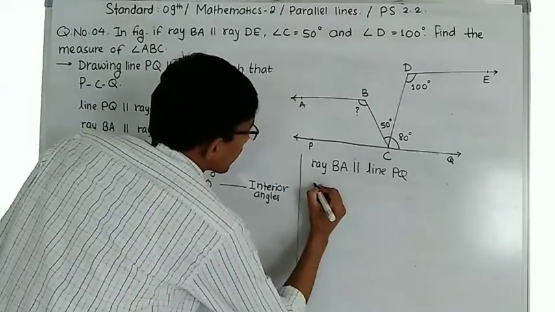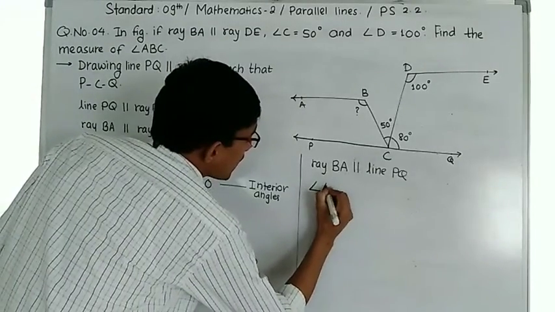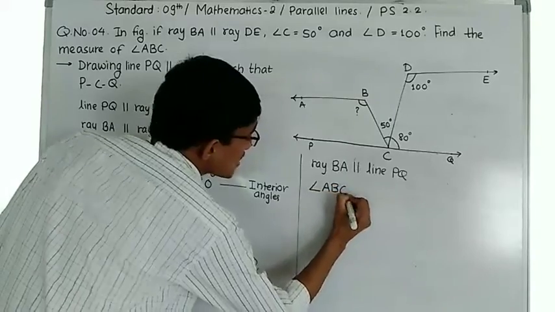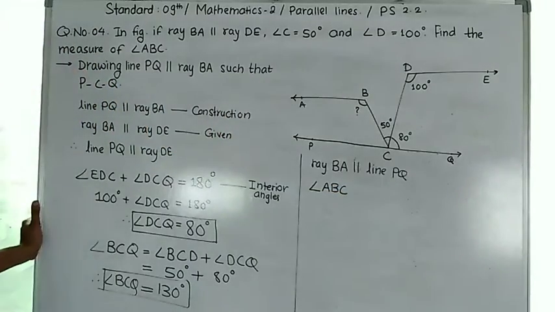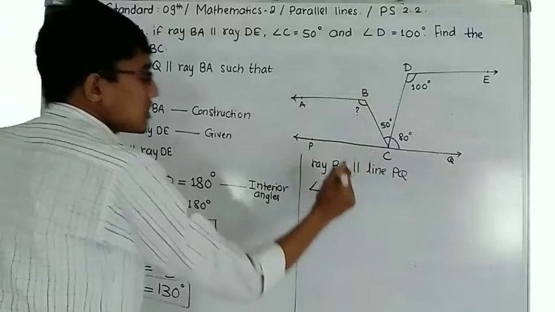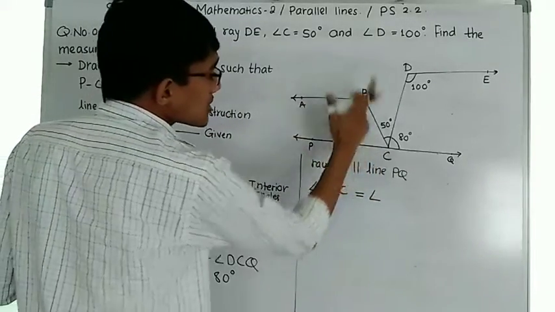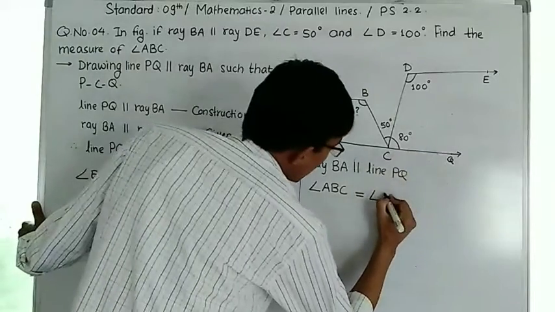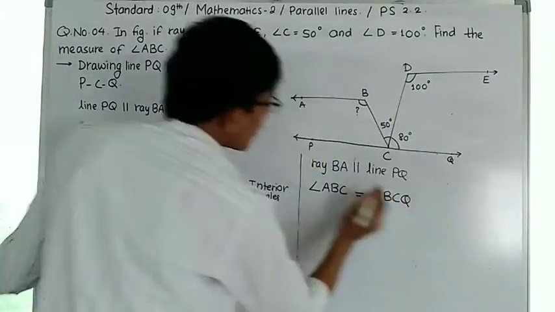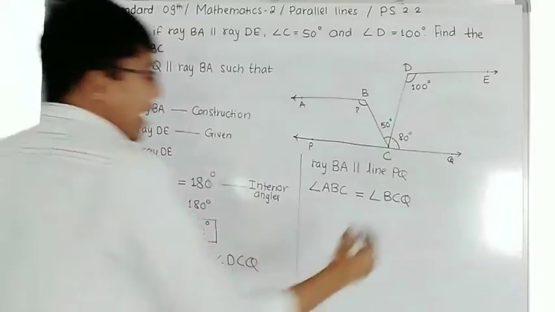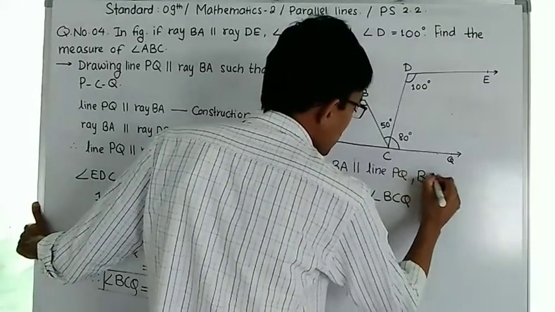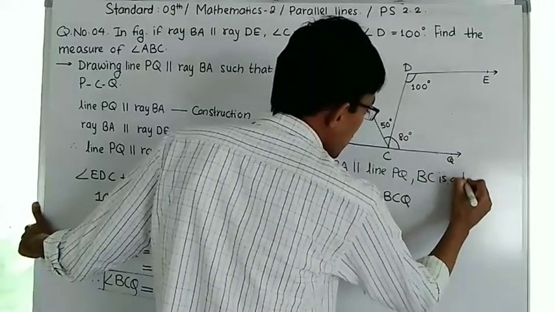Okay, where angle ABC is equal to angle BCQ. Ray BA is parallel to line PQ and BC is my transversal.